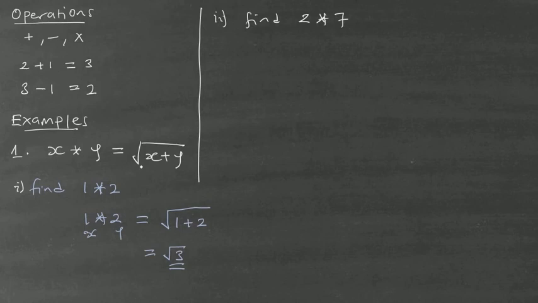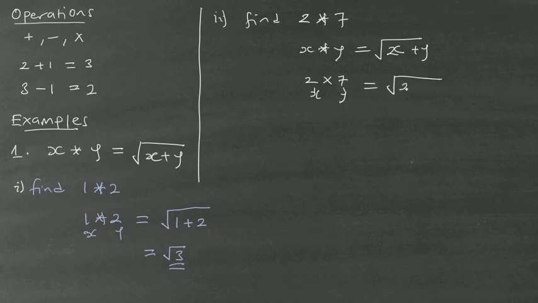From this operation, we know that x star y is defined as the square root of x plus y. Now we have 2 star 7. This is our x, this is our y. When we substitute, this will be the square root of 2 plus 7, which is the square root of 9, which gives you 3.